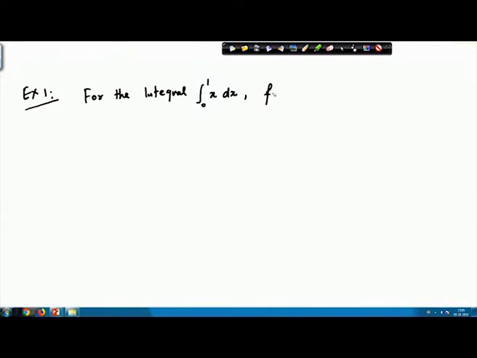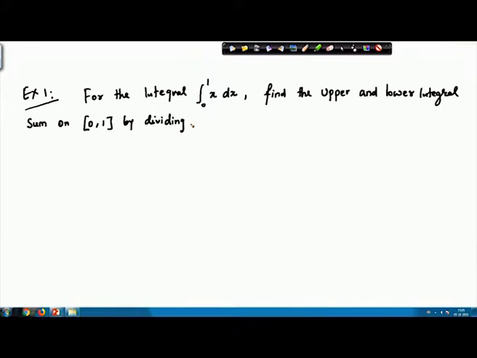For this integral, find the upper and lower integral sum on 0, 1 by dividing it into 3 subintervals.